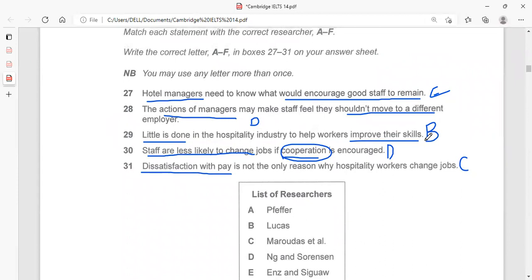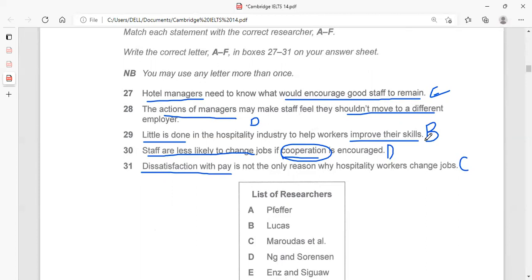So always remember, if you're getting confused or you're not certain, please focus on textual evidence. And when I say textual evidence, not single words. Individual words are very important to locate the piece of information.